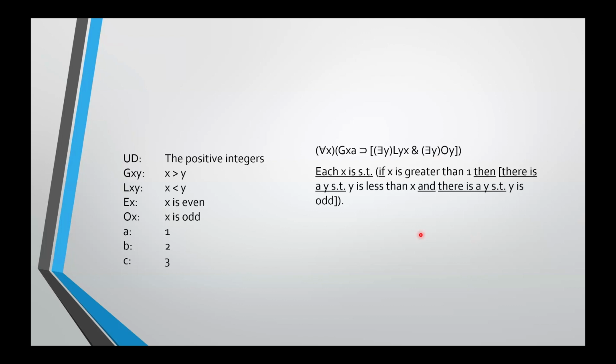So if we're trying to get something idiomatic, we're going to end up with something along these lines. For every number greater than 1, there is a number less than it, and there is an odd number.